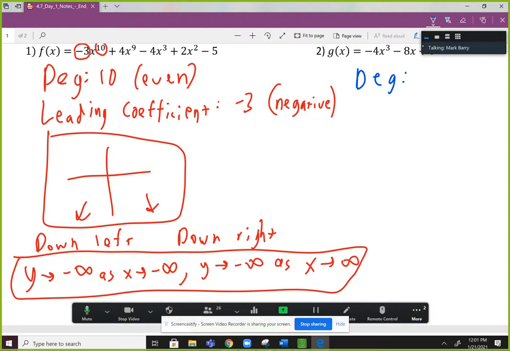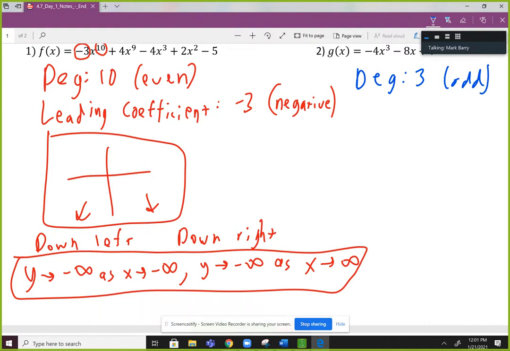Nice job, Kimberly. I agree. 3. And I like that you pointed out, what's more important than the fact that it's actually 3 is that it's odd, correct? That's all we really care about, is that it's odd, but it is in fact 3 because the biggest exponent is 3.